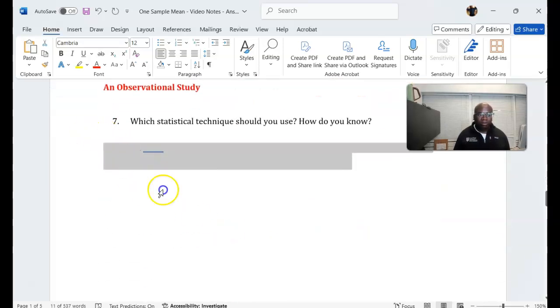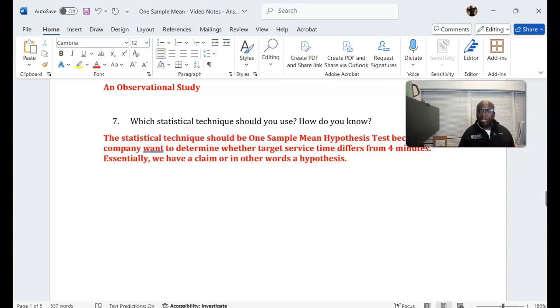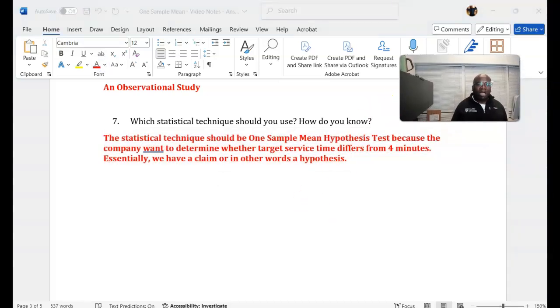We know this because we are provided a claim. But I could still answer this using a confidence interval. You may want to add additional detail. How do you suppose we could implement a confidence interval to answer this question?